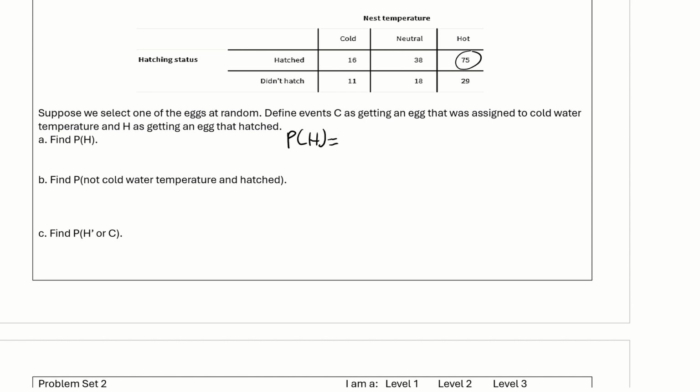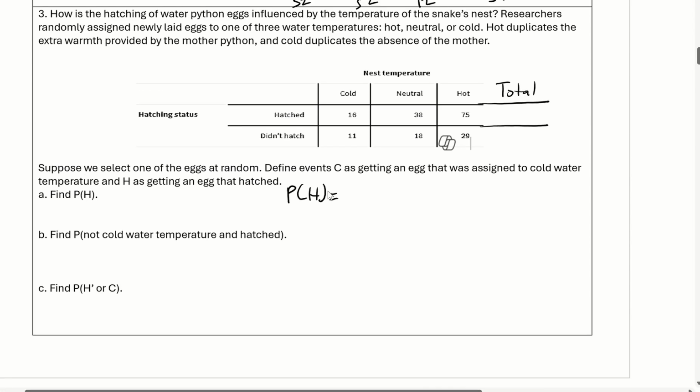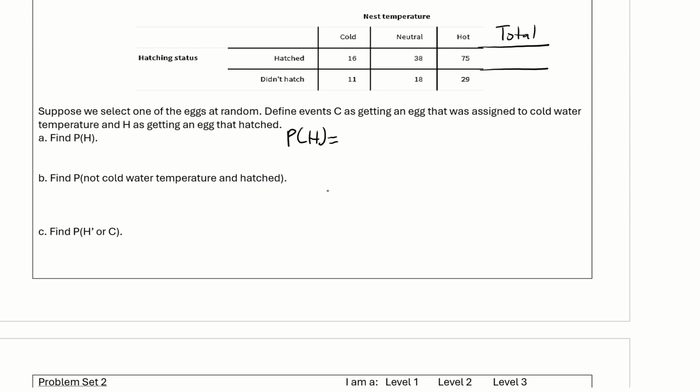All right, so the probability of selecting an egg that has hatched. We need to find the totals. So let's do the totals here. Okay, so let's get the total and the total totals. So there's 27 here, there's 56 here, there's 104 here, and then we can add those up. So 160, 187.